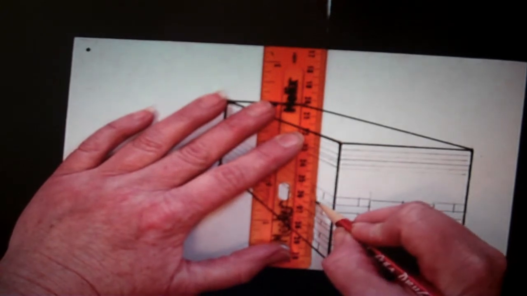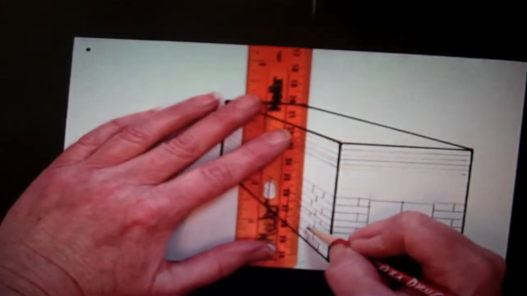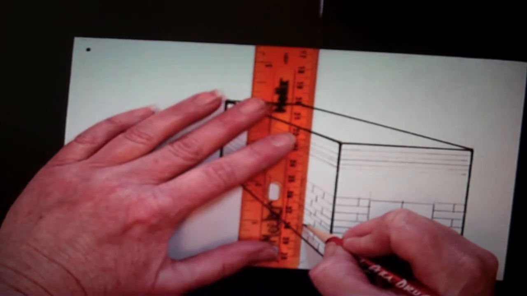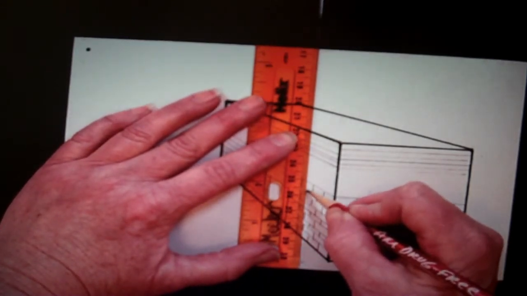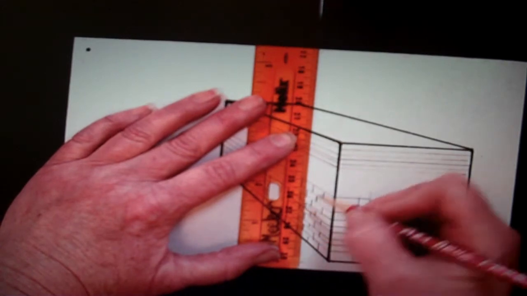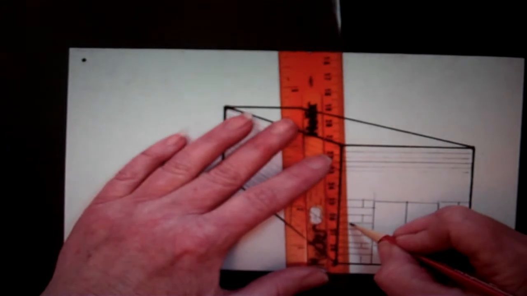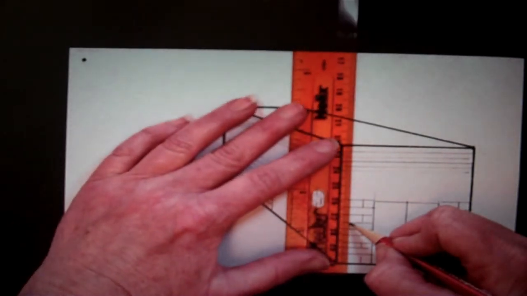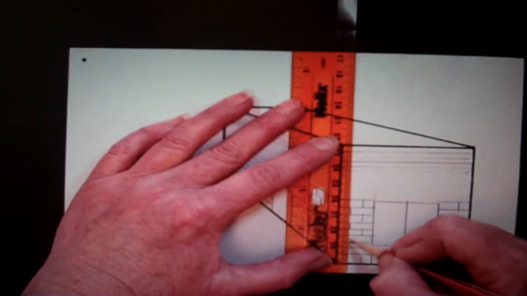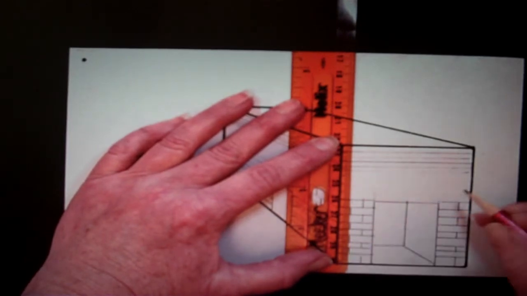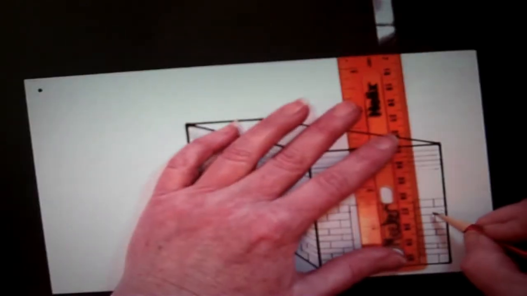Make sure you're in the opposite. Sometimes it gets a little confusing and you start marking on the wrong row of lines. Try to pay attention to what you're doing there. And go right in the middle. Make sure it's vertical.